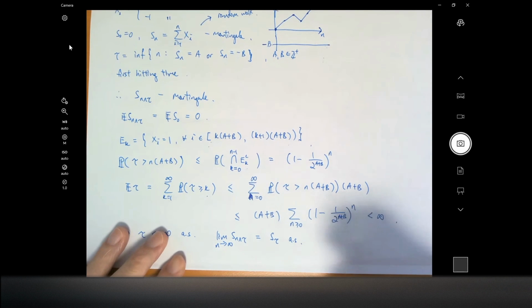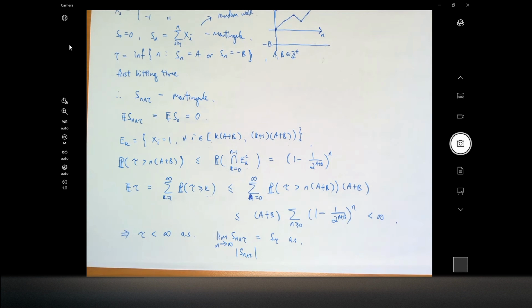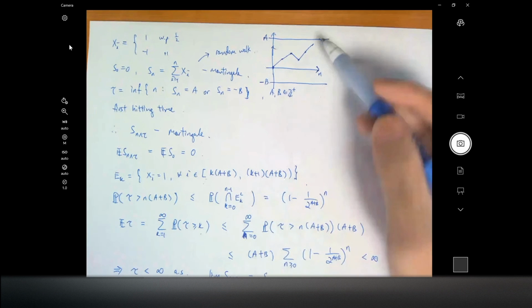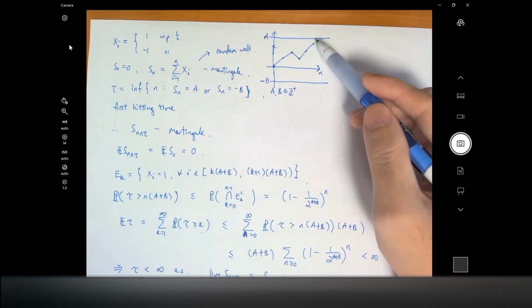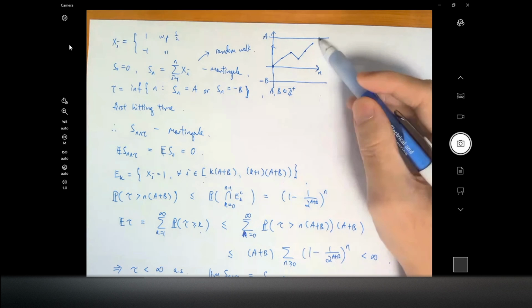All right, and then we also note that this S_n minimum of tau, by definition, if n is smaller than tau, that means it hasn't hit any of the boundaries, either A or minus B, so the S_n will be somewhere in between A and minus B, so it will be smaller than the maximum of A and B. If n is bigger than tau, then it will be just equal to S_tau, and then it will be the stopped process.